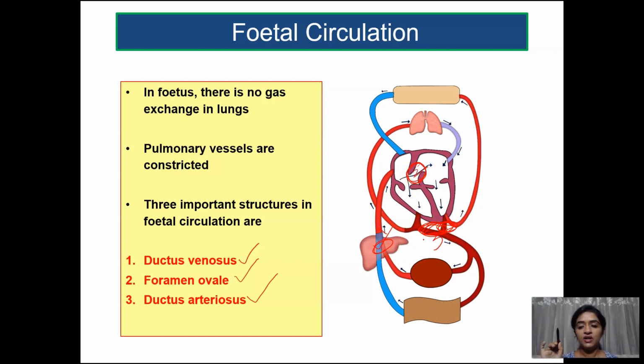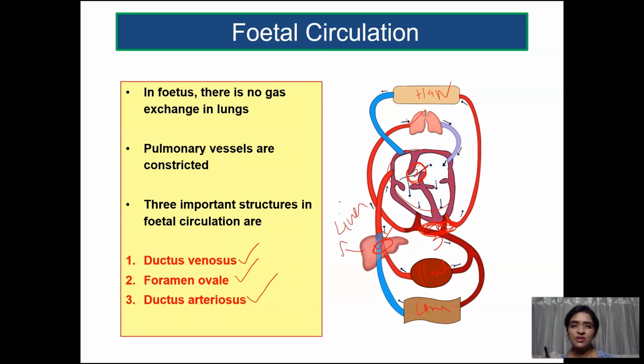So for a quick recap of the topic, I will just show the important landmarks which is mentioned in this diagram. You know, this is the heart with 4 chambers. You have the lungs here. You have the head and neck and the upper portion here. Then you have the placenta here, and here it is the lower part of the body, and this is the liver.